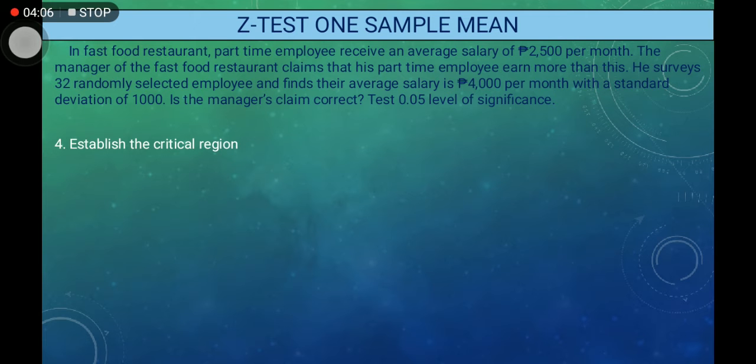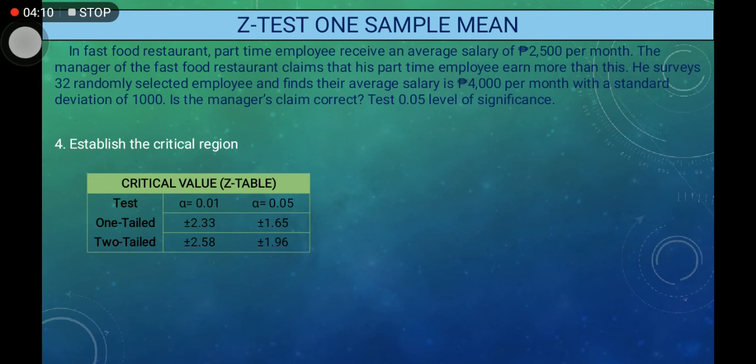Step 4, we will find the critical region using the Z table or critical value. Makikita natin dito na meron tayong one-tailed, two-tailed, and alpha 0.01 and 0.05. So, ang level of significance natin is 0.05. So, dun tayo sa 0.05 tumingin. And ang ating appropriate test statistics is one-tailed.